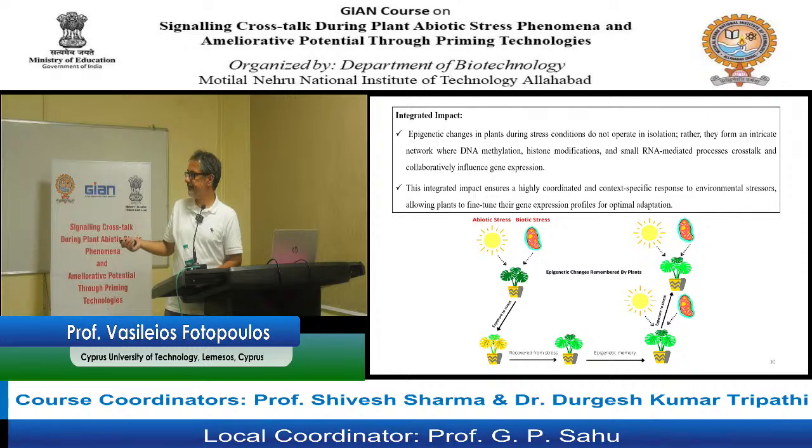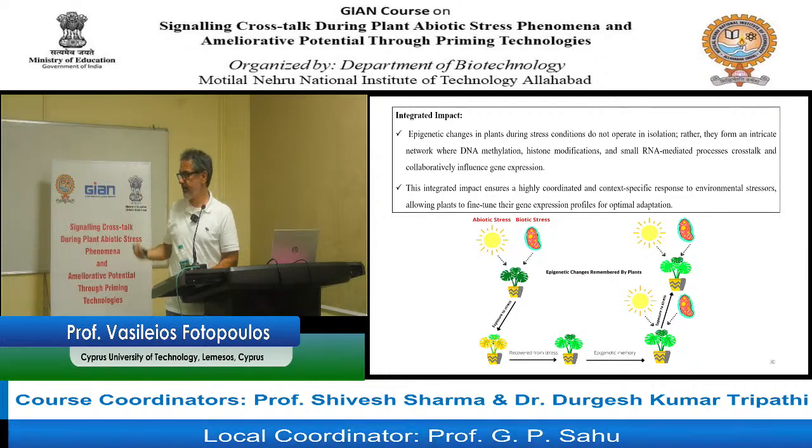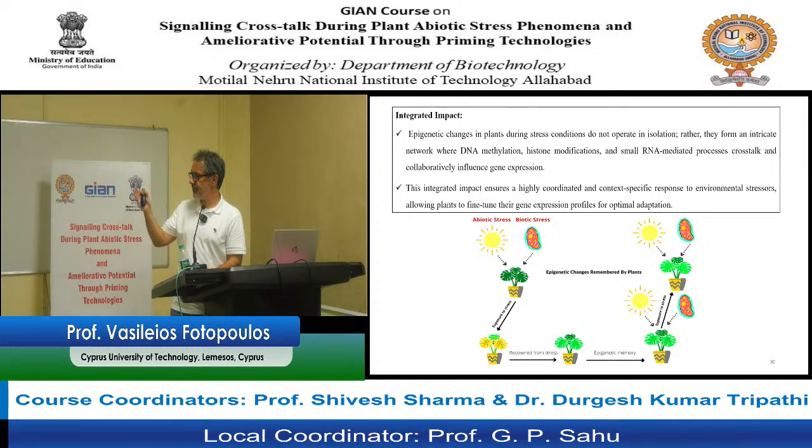And this is a diagrammatic representation of the way that epigenetic changes are remembered by plants. So in response to the stressor, the plant will recover upon successful tolerance to the stress, but it will in the process develop a sort of epigenetic memory that will then be inherited by the future generation.